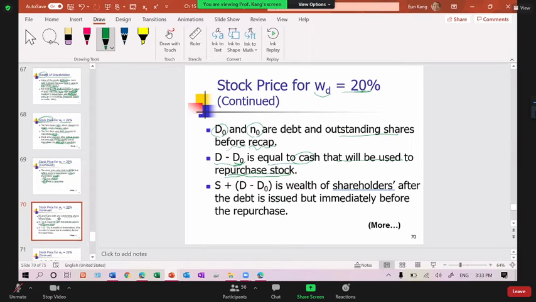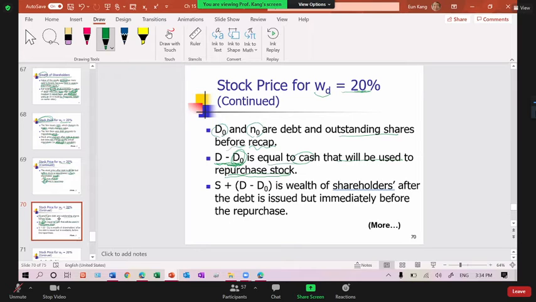So be careful, this one is when you issue debt. D0 can be 0, right? When you start from all equity, D0 is 0. But if you recapitalize again from 20% to, let's say, 30%, then D0 is the amount of debt when you have 20%.